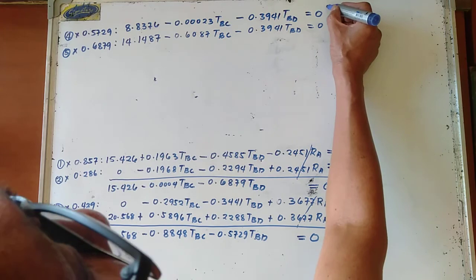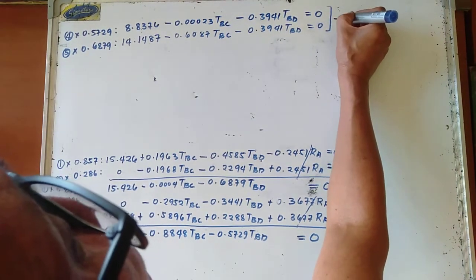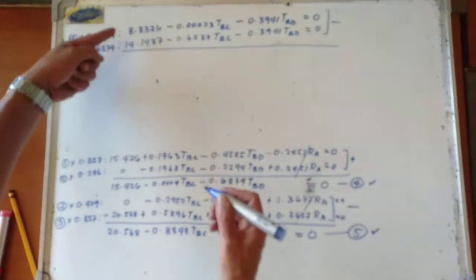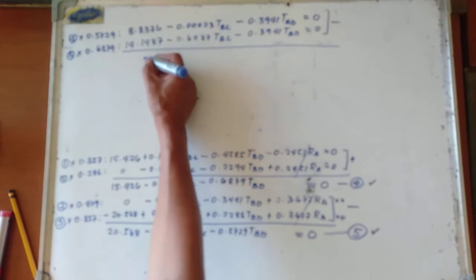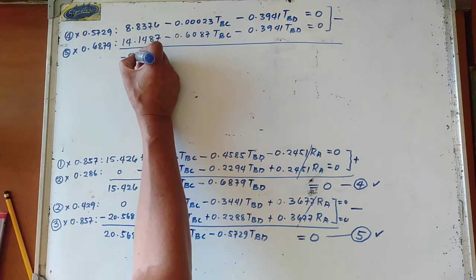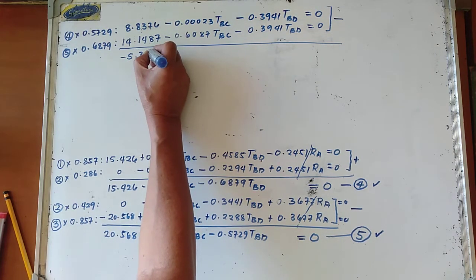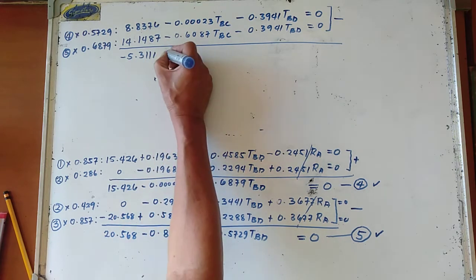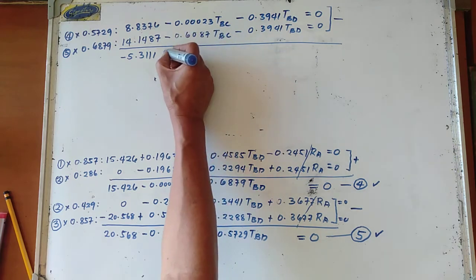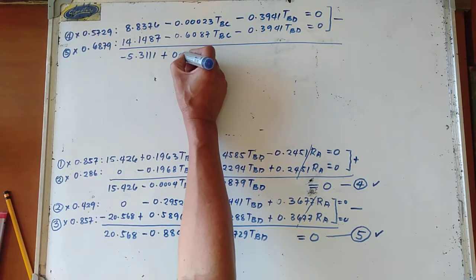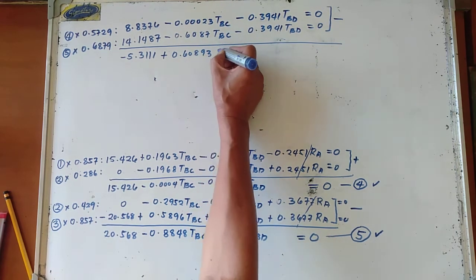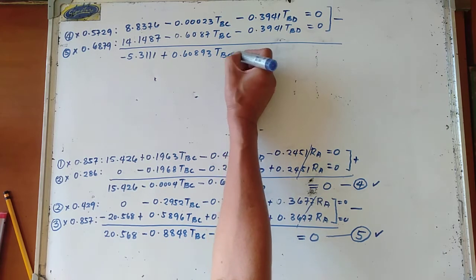So let us try to subtract the two equations. So that if you're going to subtract the equation, 8.8376 minus this 14.1487, so that is minus 5.3111. This one minus the minus that is now positive 0.60893 T sub BC.